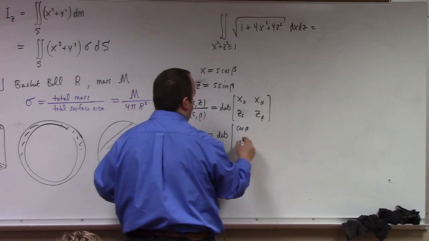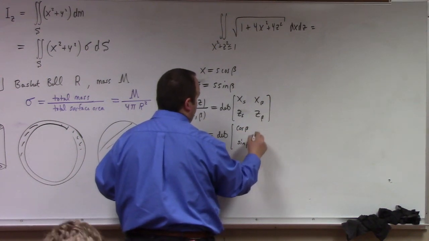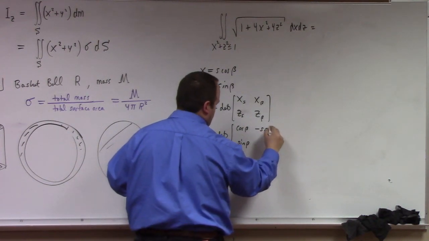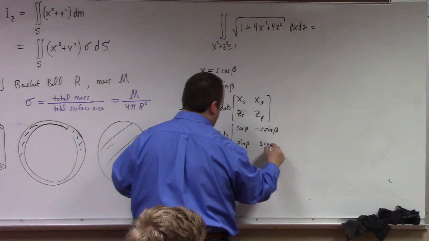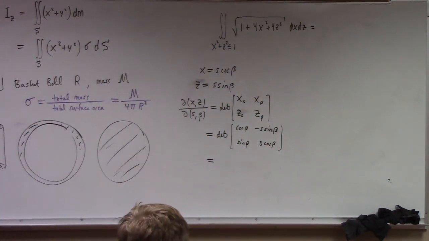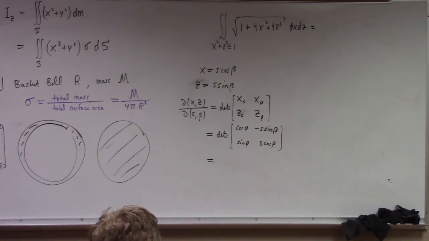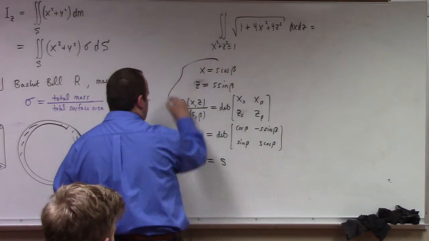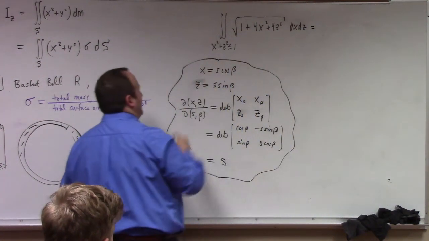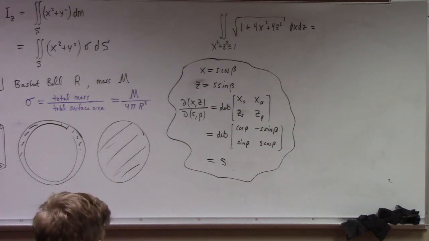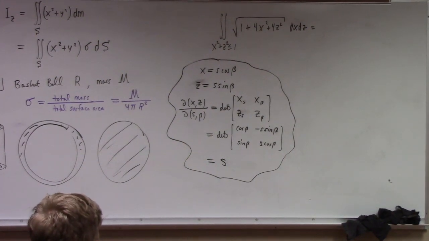Cosine beta, sine beta, minus s sine beta, s cosine beta. I'm regretting this level of detail. Of course, we get s cosine squared plus s sine squared, which is to say that this Jacobian works out to s. This is not surprising because I'm just using s for r and beta for theta. Of course, the Jacobian works out to the r, which is here the s.